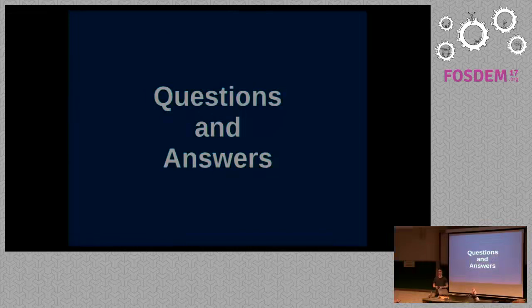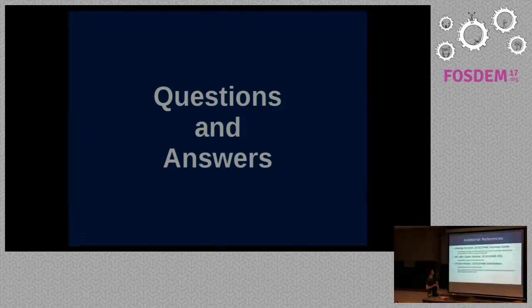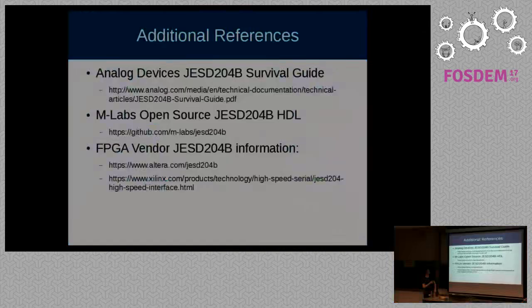Are there any open cores for interfacing with this on FPGA? Yeah, so there's the M-Labs open source implementation of the JESD204B core. It's written in MiGen, a special language. It's like Python, maybe a little bit like MyHDL, but different.